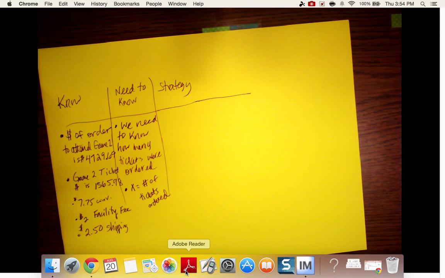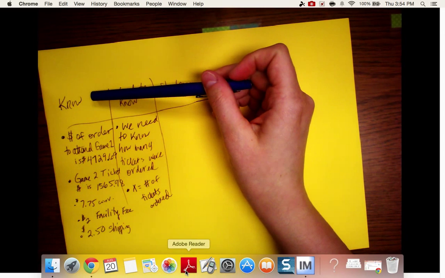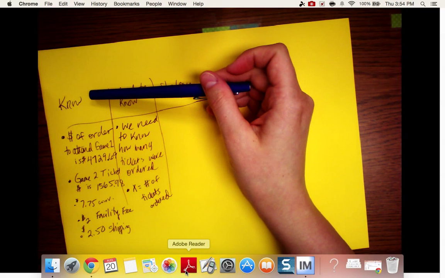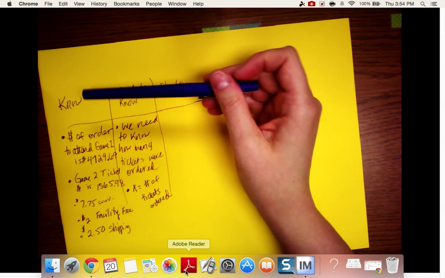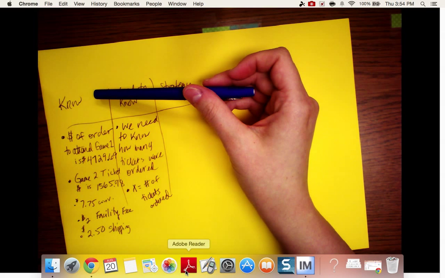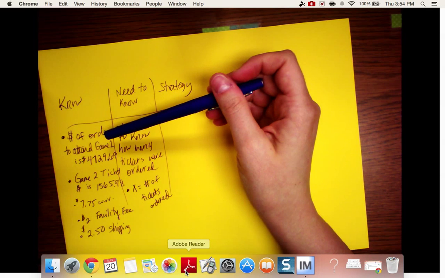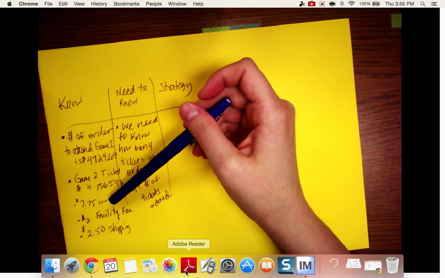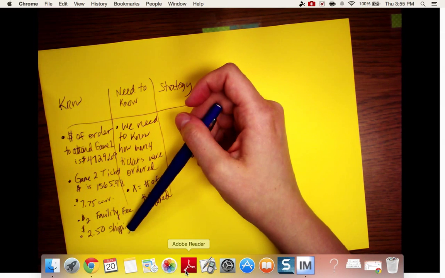So today in class I asked this question, why is this column important? And some of the answers were, well, instead of going back and reading through the whole problem, you actually have all of your important key facts here.